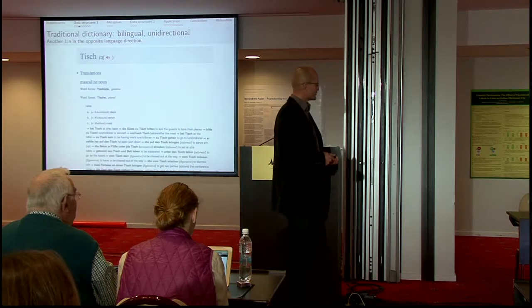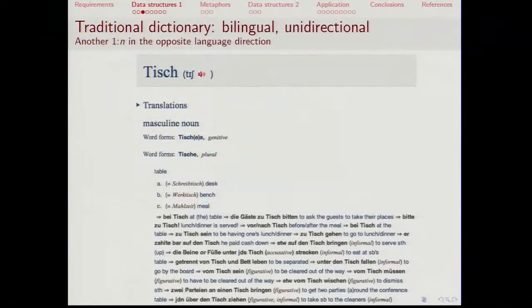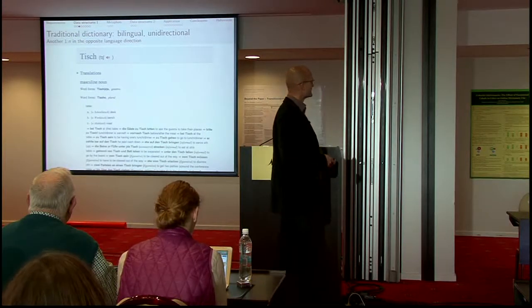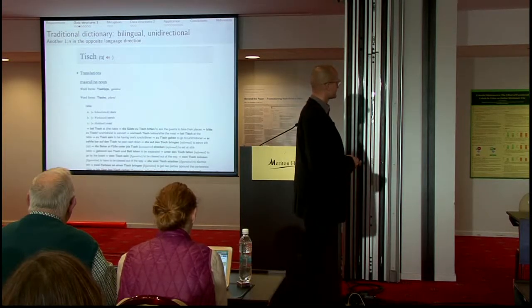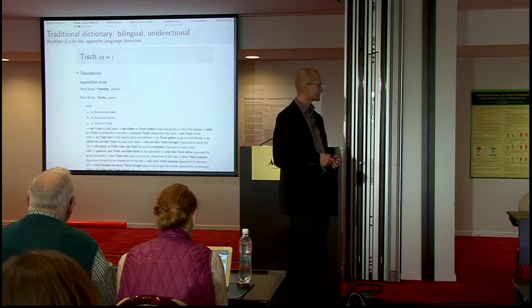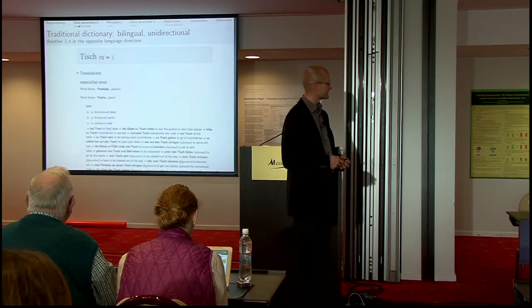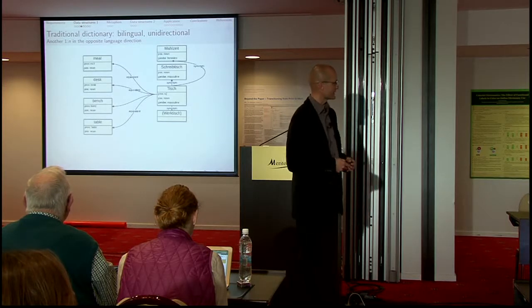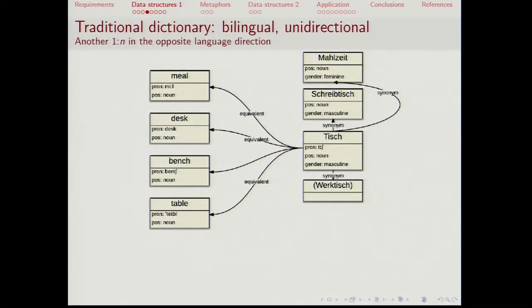If we now look in the opposite direction, if we look up Tisch in the German-English direction, then it gives slightly different information. Even in a simple case like this, it has also synonyms and several English equivalents, and I could draw that like this.